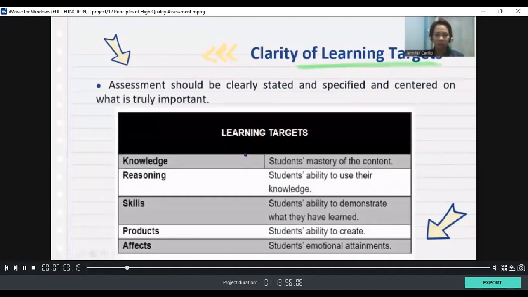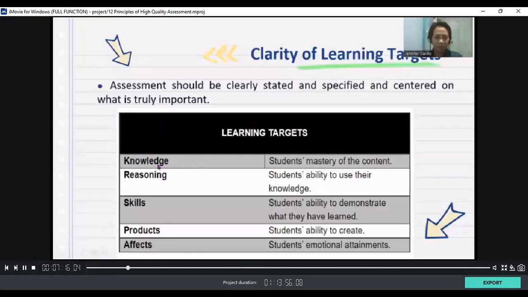So supposing these are the learning targets. We have learning area for knowledge, reasoning, skills, products, and effects. So knowledge and reasoning is captured by the cognitive domain. Okay, so this pertains to the mental processes, meaning knowledge and reasoning.